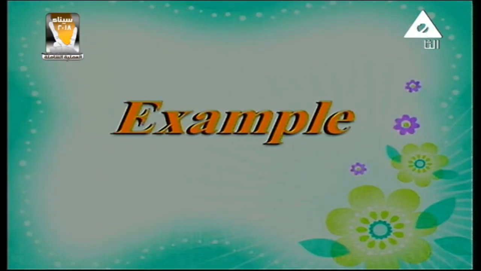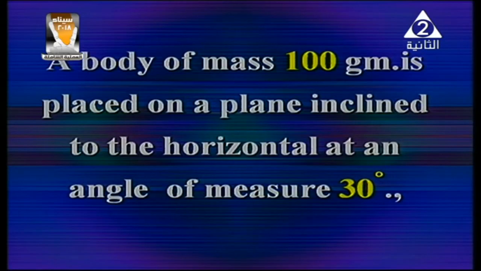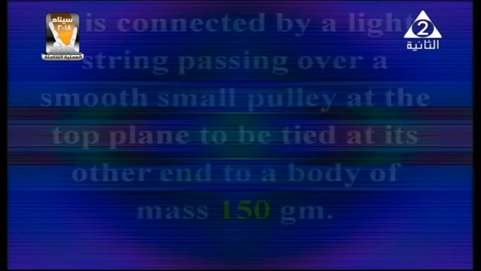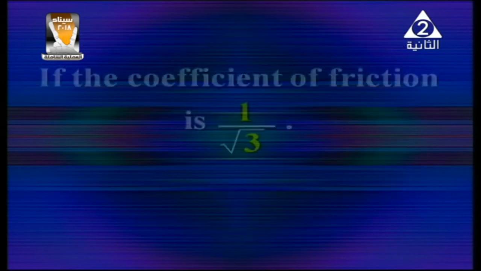Now we translate to another example. A body of mass 100 gram is placed on a plane inclined to the horizontal at an angle of measure 30 degrees. It's connected by a light string passing over a small pole at the top of the plane, tied at the other end to a body of mass 150 gram.